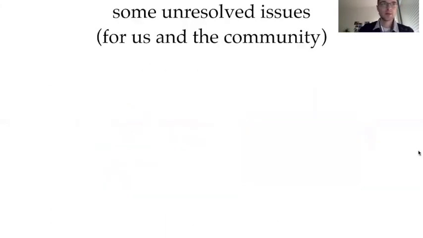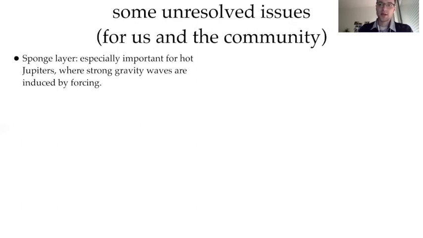Now, I wanted to lastly mention some issues that I think of as unresolved. At least I don't have a good solution to them. So we have reflecting boundary conditions in the model, and thus we need to have sponge layers. Sometimes for hot Jupiters, these are necessary just to even run the model because the gravity waves are so strong, so strongly reflected off the top boundary.